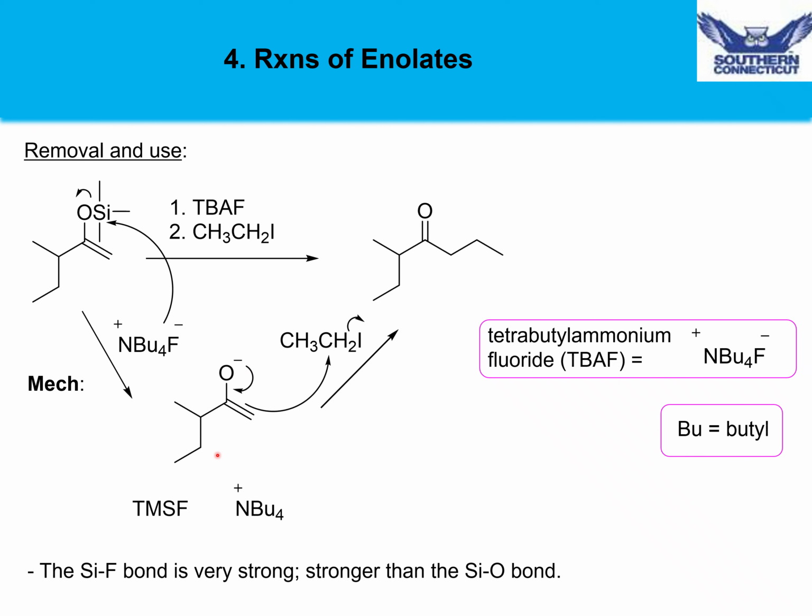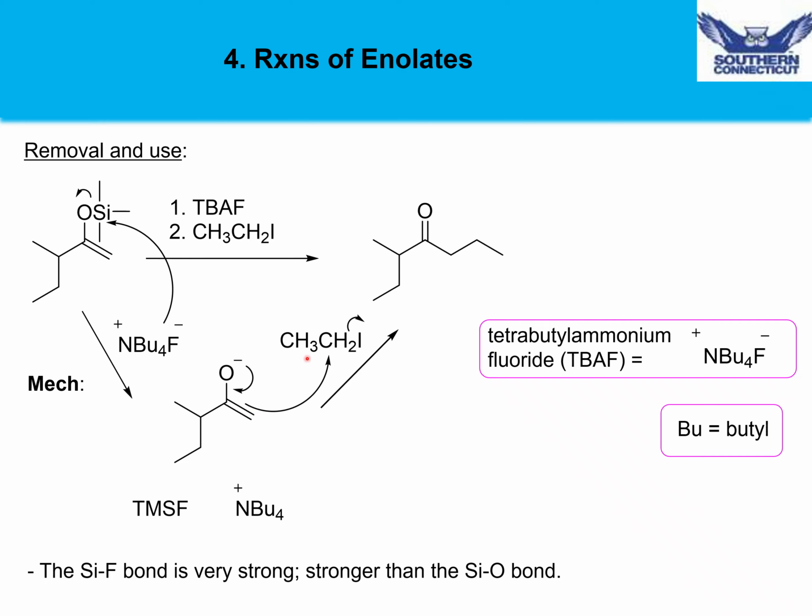Once you have an enolate released, you can do one of two things in general. One of the reactions that you can do is add acid, which would turn this enolate into the original ketone where it came from. We'll see that on the next slide. A more useful reaction is we can use this enolate that was just released to do an additional reaction and specifically add an electrophile to the alpha carbon.